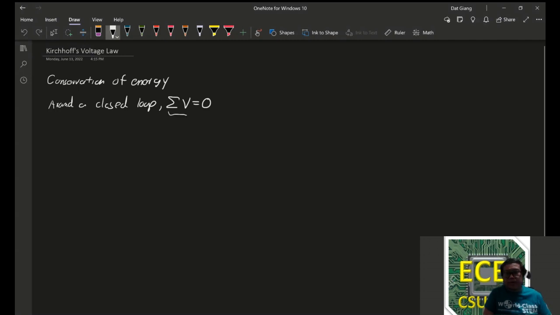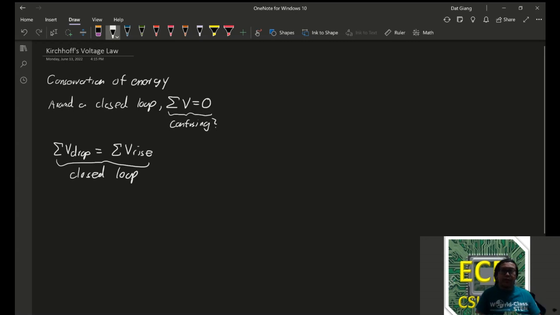However, I want to point out that this may be misleading or rather confusing. So instead of saying this, we can explicitly write that the sum of all voltage drops is equal to the sum of all voltage rises around a singular closed loop.